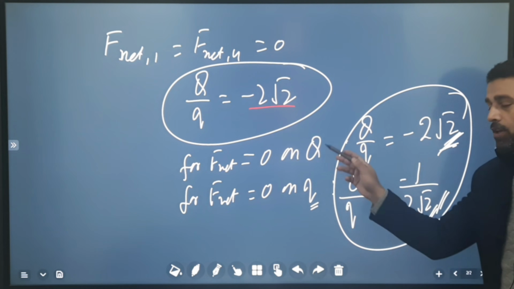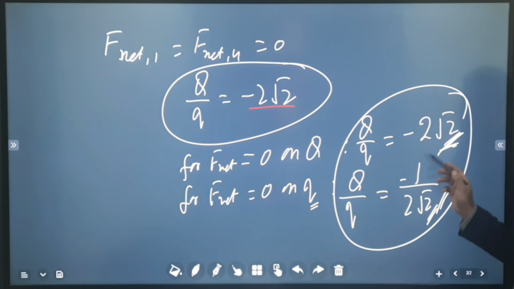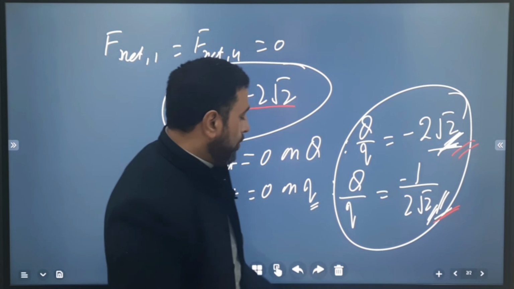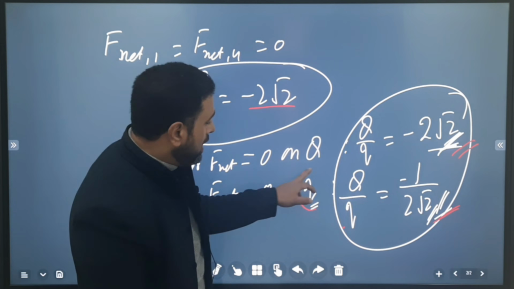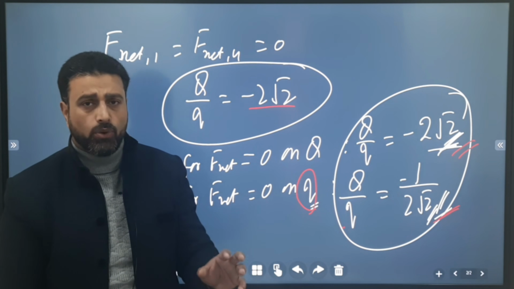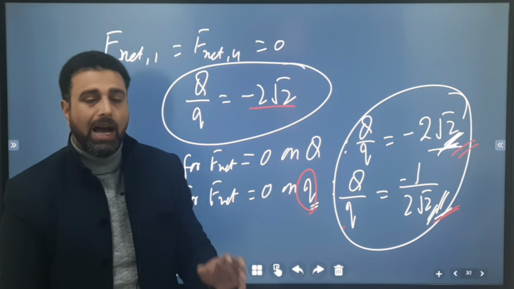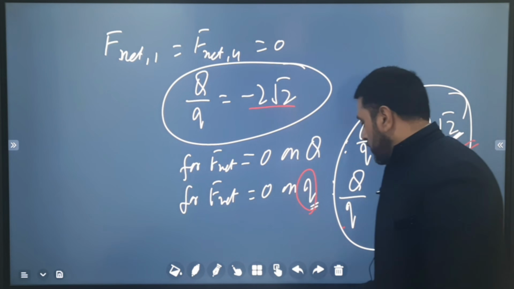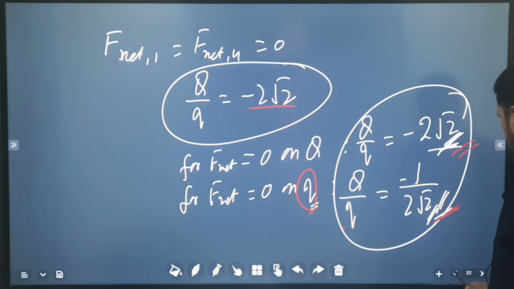Both particles, capital Q and small q, cannot be simultaneously in equilibrium because the conditions are different. So there cannot be any value of q for which all the 4 particles have net force 0. At the most, we can have either the 2 particles of charge capital Q in equilibrium.